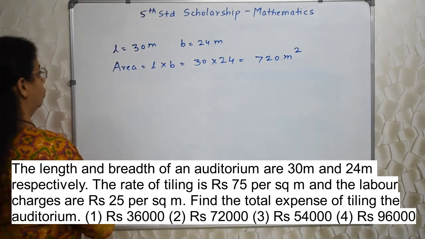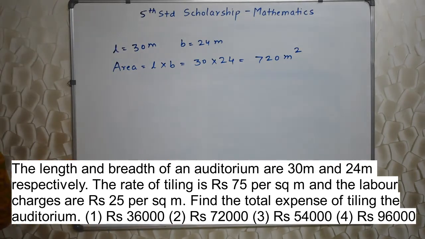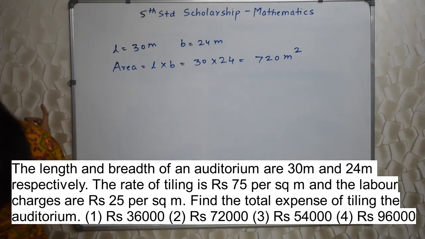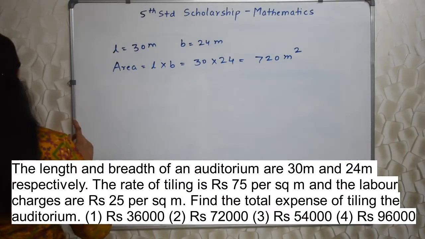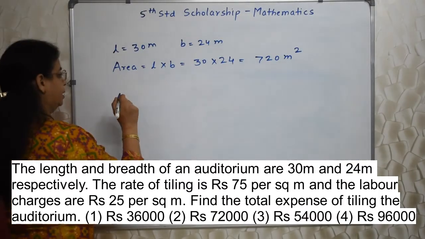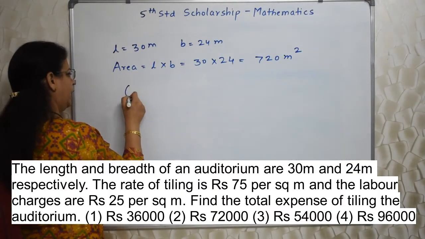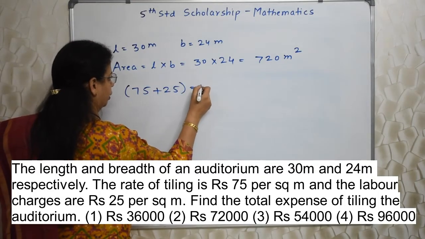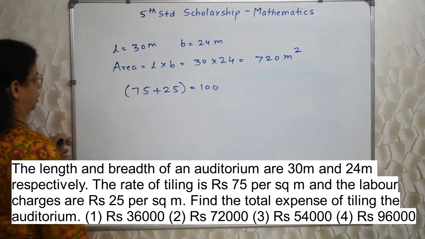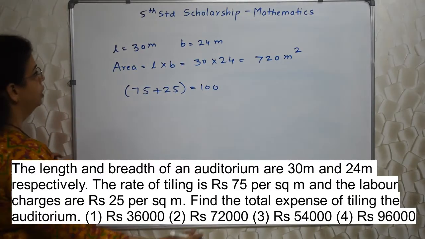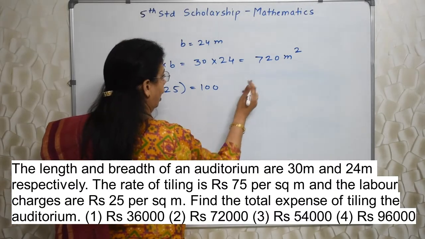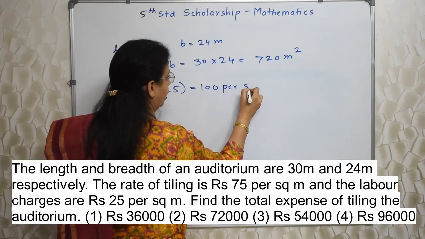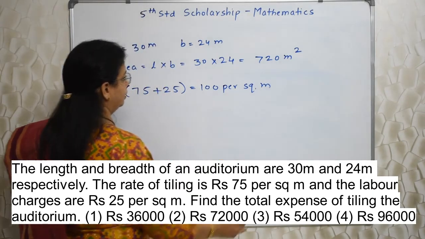For that we are going to incur certain expenses. There are two types of expenses. One is tiling, the other one is labor charges. Both the expenses are given per square meter. Both are the same per square meter, so we can add them as total expenses per square meter. That is 100 rupees. Okay. Now this much area, and this is the rate of expenses per square meter.